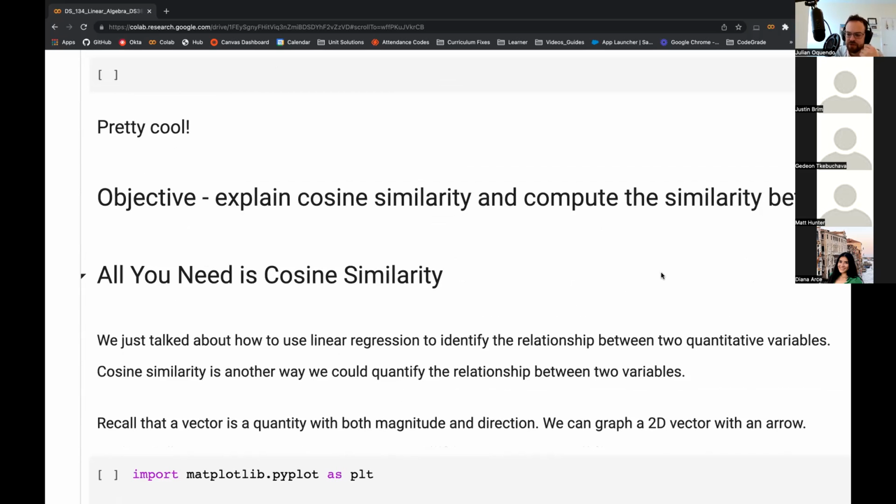Since we're beginning to understand how vectors and matrices work, there's another component of how we can think about vectors to come up with a set of relationships between different series of quantitative variables. And so we use linear regression to measure those relationships.